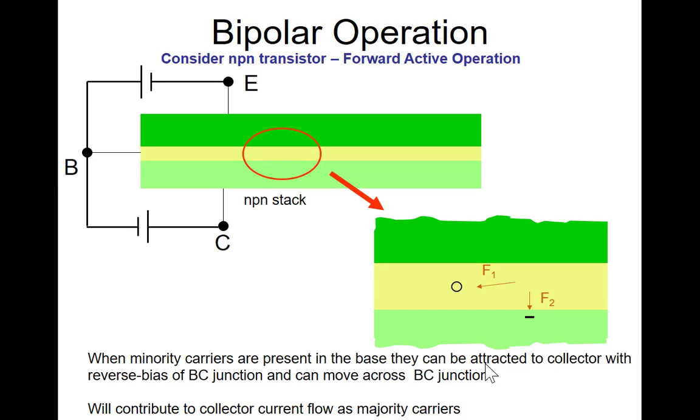Or do we want them to exit through the collector? Collector. Yeah, we would like them to exit through the collector. We're going to see in a minute that if we can have most of them exiting through the collector, a small amount of power into the base may control a large current flow from the emitter to the collector.